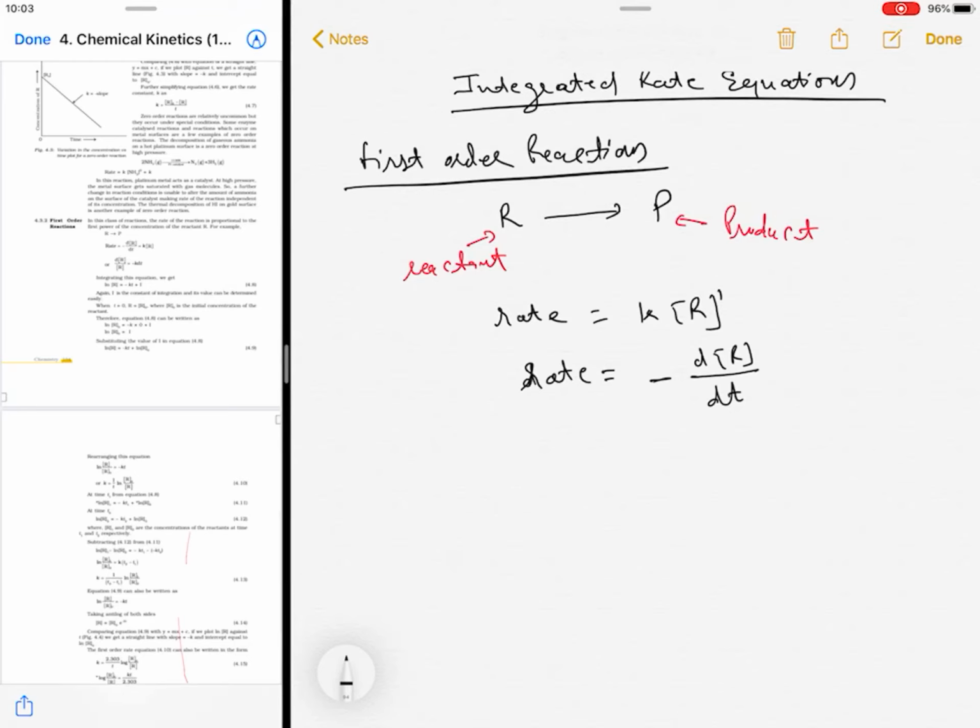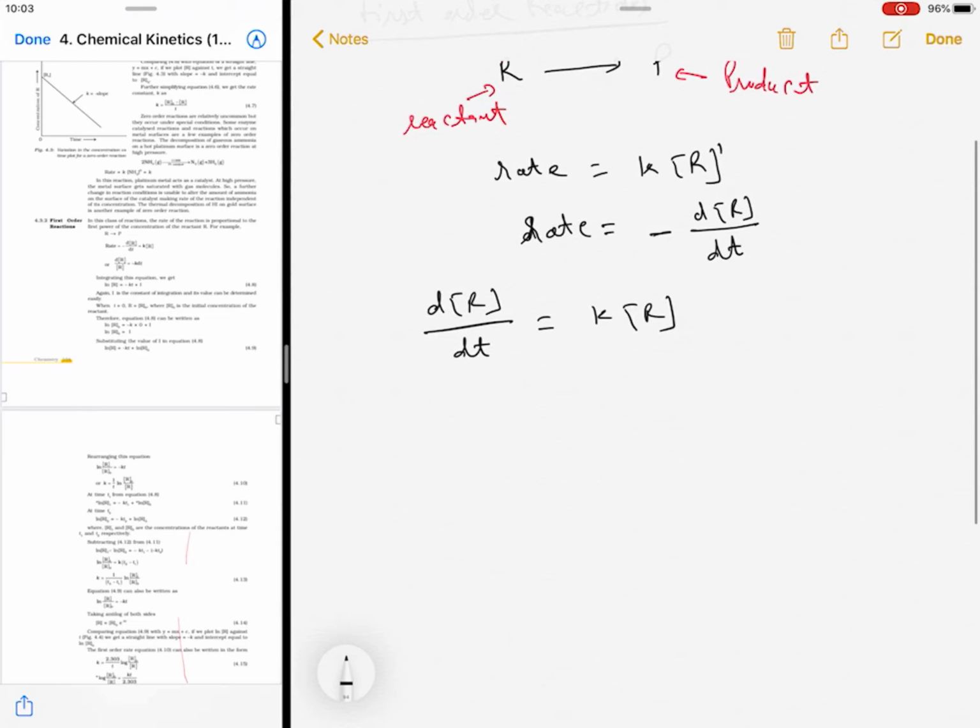Now since the rate is the same, we can equate -d[R]/dt equal to k[R]. On rearranging, we get d[R] upon [R] equals minus k dt.